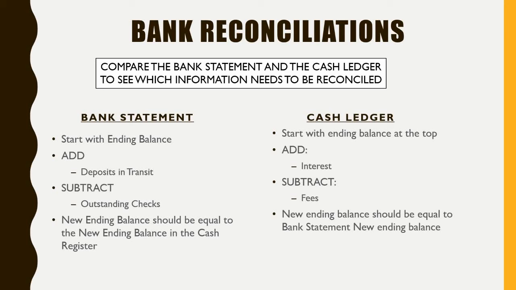So in this case, I make it really easy and really simple for you guys. On the bank side, you're going to be dealing with two things, okay? First off, before we deal with those two things, you always want to start with your ending balance that the bank statement is reflecting, okay?